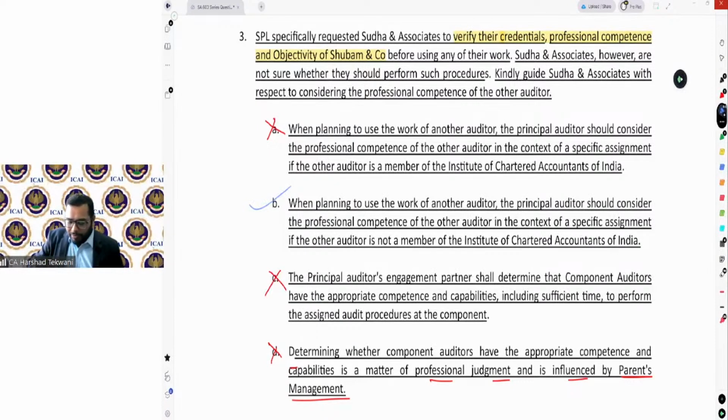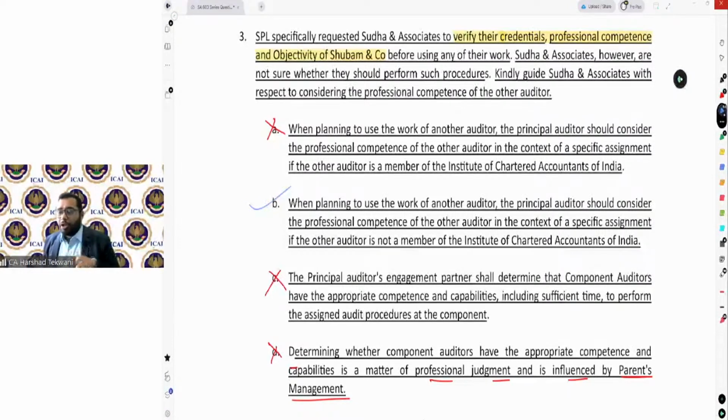Now, I'll tell you one thing. When I refer to other auditors, they are those who are responsible for reporting on the financial information. Who has a responsibility for reporting on the financial information?